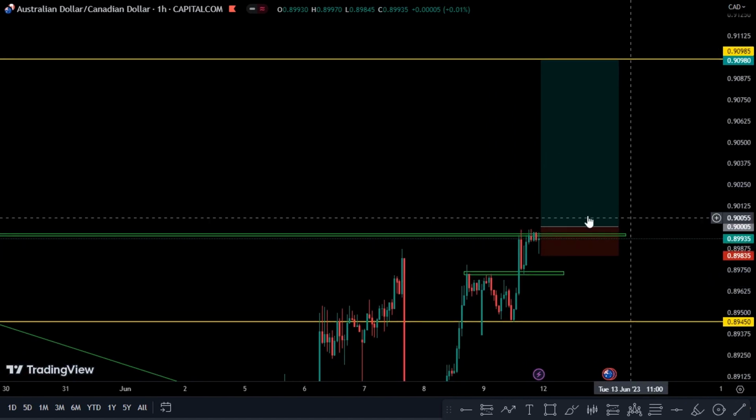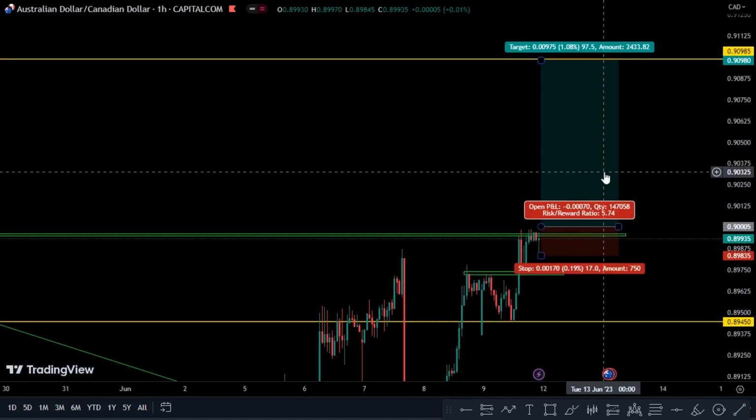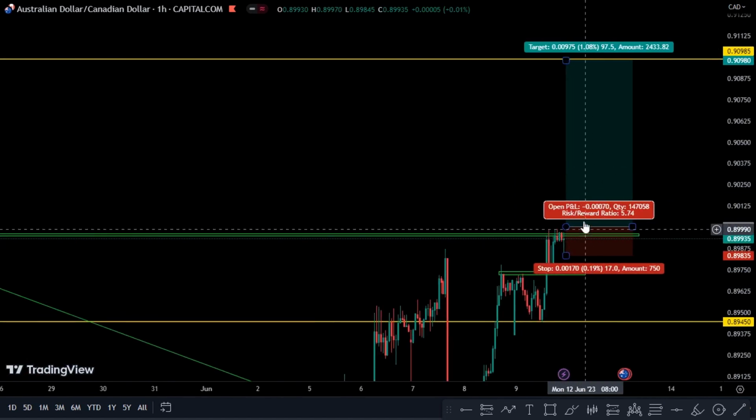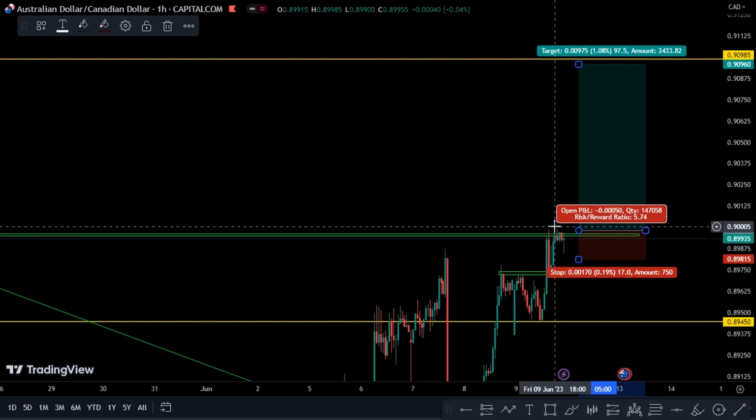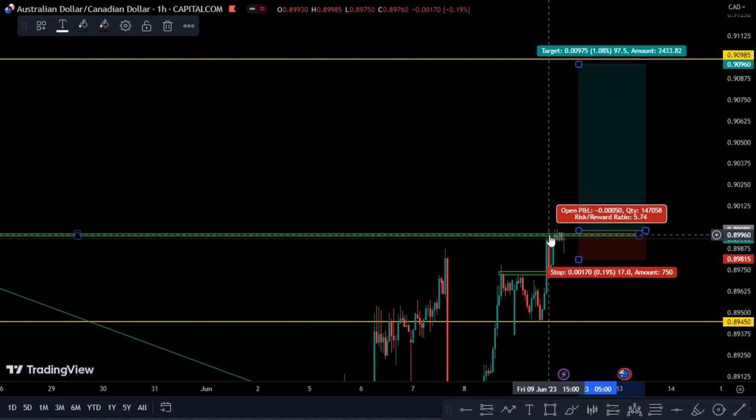So that's my anticipated trade on AUD/CAD for the upcoming week. I'm simply going to be waiting for proper price action to properly unfold around this zone, and then I will be looking to execute accordingly on this pair.